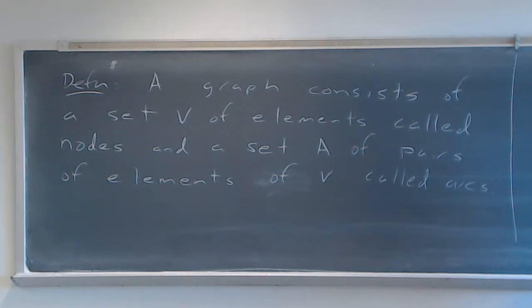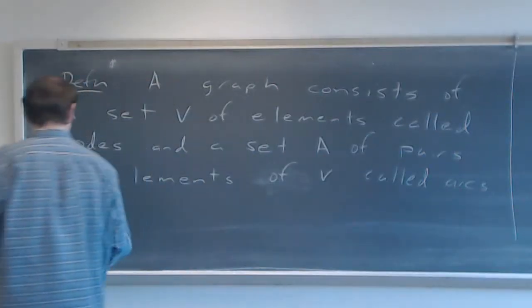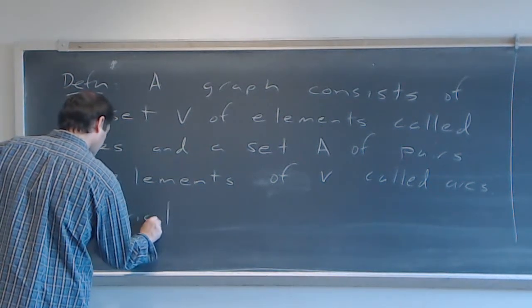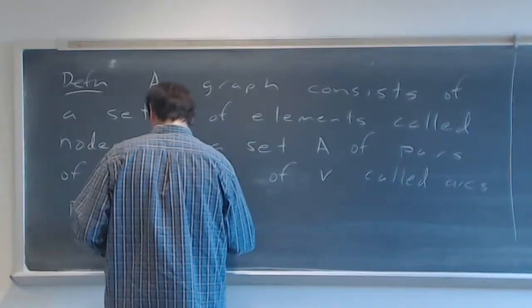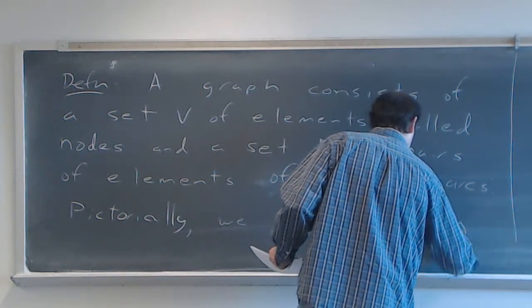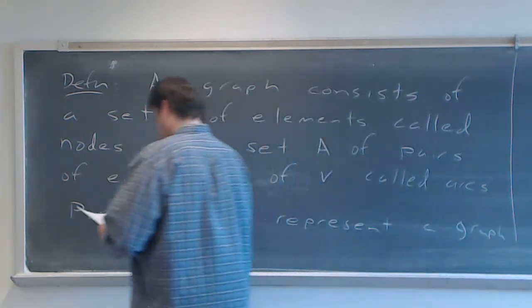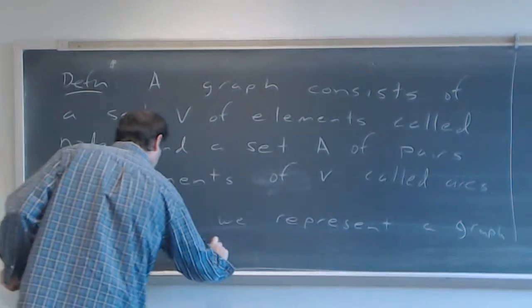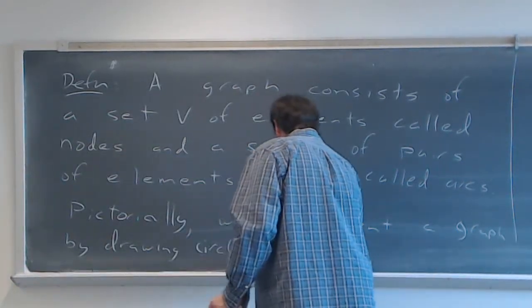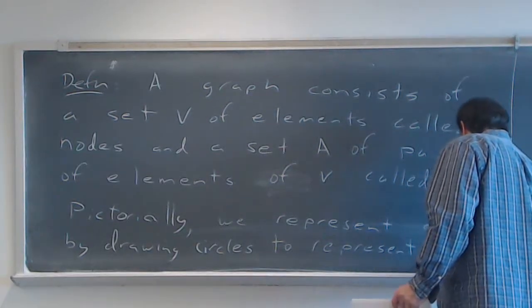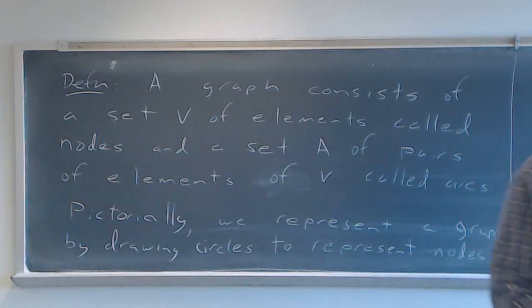But we generally can write down pictures of a graph. So let's talk about pictorially what we mean by graph. So pictorially, we represent a graph by drawing circles to represent the nodes, and then we're going to use lines to represent arcs.